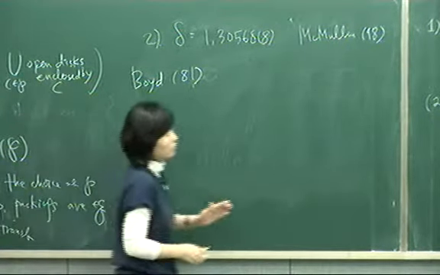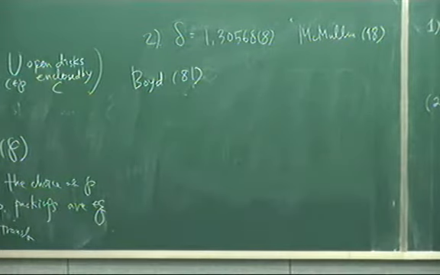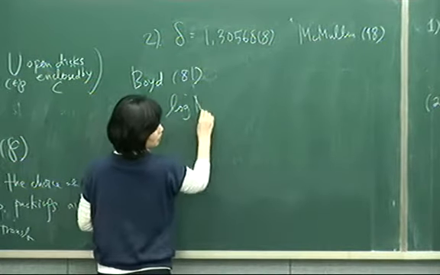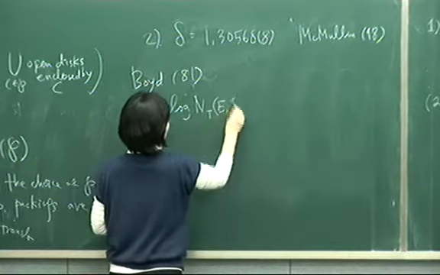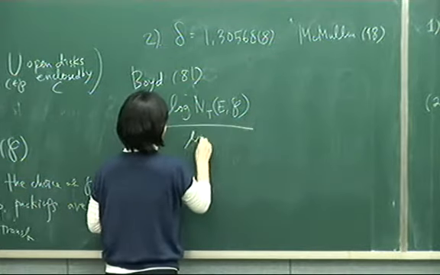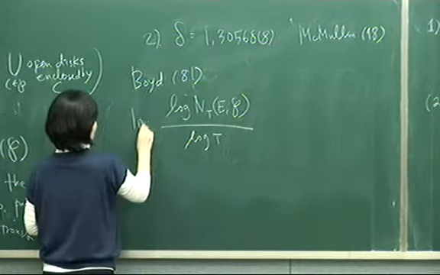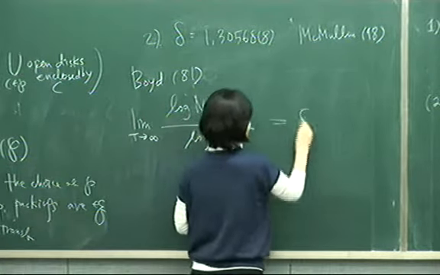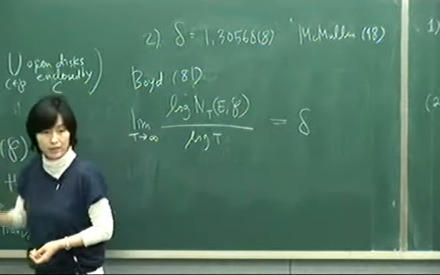He didn't quite compute the asymptotic of this counting function, but he looked at the logarithm of it. He showed that if you look at log of N_T(E, P) divided by log T, then this converges to the residual dimension of the packing, delta.